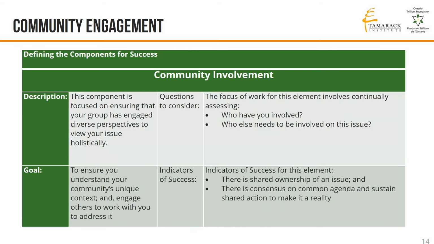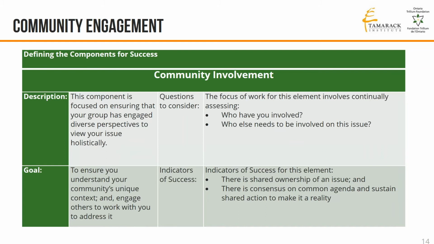The third component is community engagement or community involvement. It really is focused on ensuring that your collective impact group has engaged diverse perspectives so that you can view the issue from a holistic perspective or a systems perspective, right?